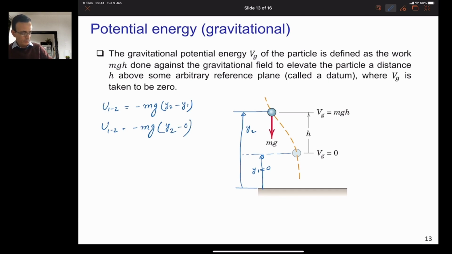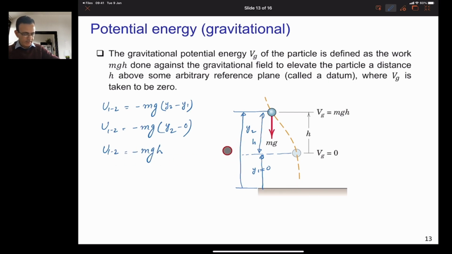If you take this as our 0, then y2 will become our h here. So then y2 minus y1 is equal to h, so then minus mgh. So then the work done, if you take this as our h.